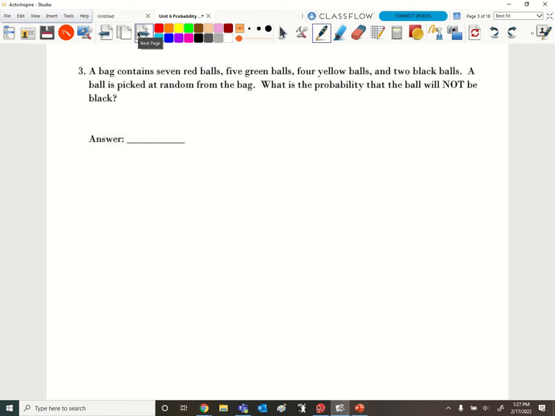All right, same question, but what is the probability that the ball will not be black? Will not be black. First, how many balls are there? 18. There's 18. And how many are black? 2. There's 2 black, and so therefore not black would be 18 minus 2, which is 16. It's going to be 16. Now, because I'm looking for the complement, it's going to look like this.